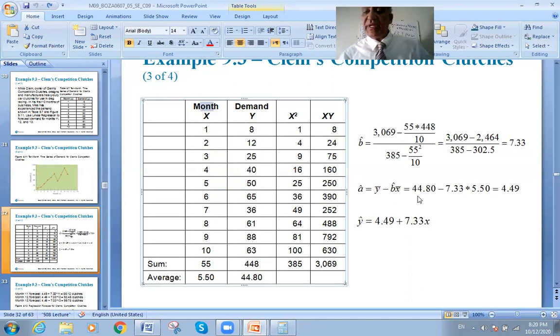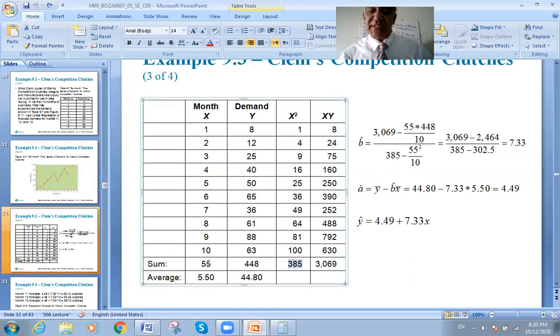How about the denominator? The denominator is summation x square, which is 385. Summation x is something and summation x square is another thing. So summation x square is 385 minus summation x the whole square.